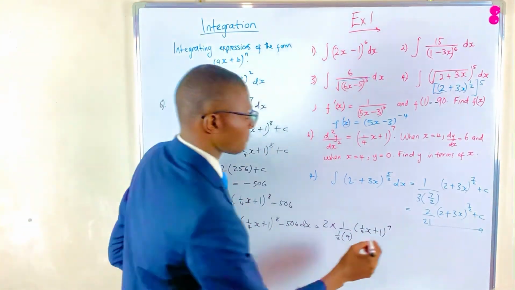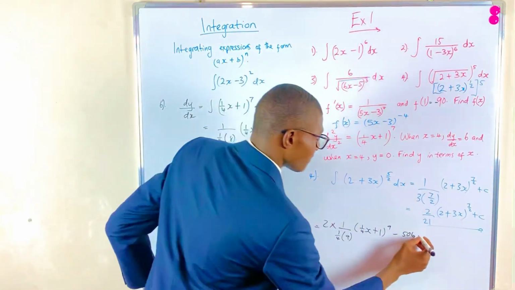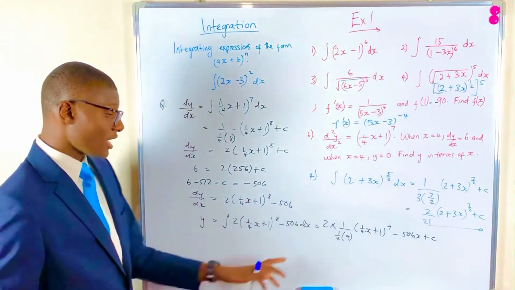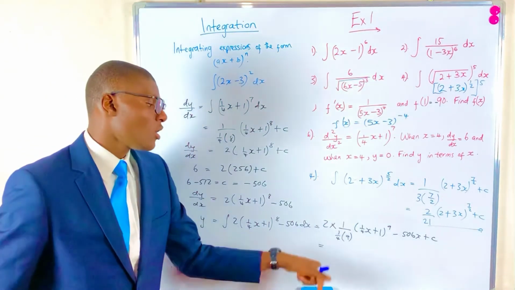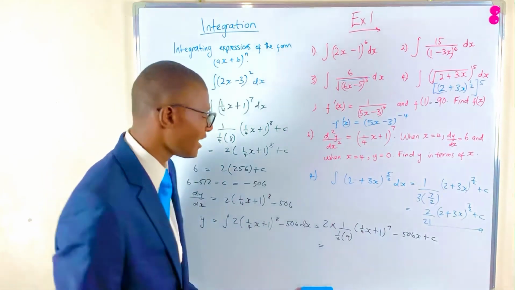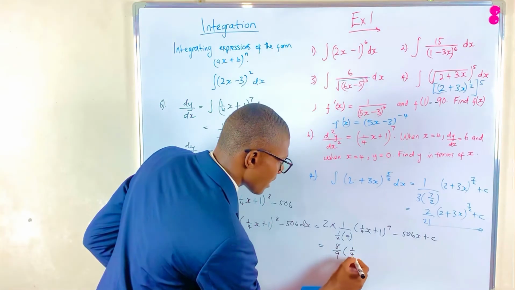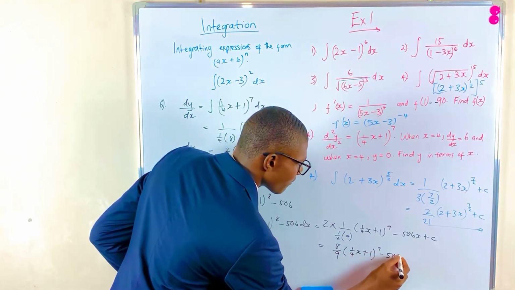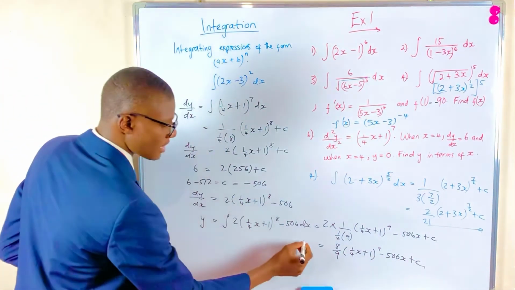Then minus 506 times the integral of x to the power of 0, plus c being the constant of integration. Now if we simplify this, we get 2 times 1 over 9 over 4, which is the same as 2 times 4 over 9. That will give us 8 over 9. Right, 8 over 9, 1 over (4x plus 1) to the power of 9, minus 506x plus c. Right, this is our y.